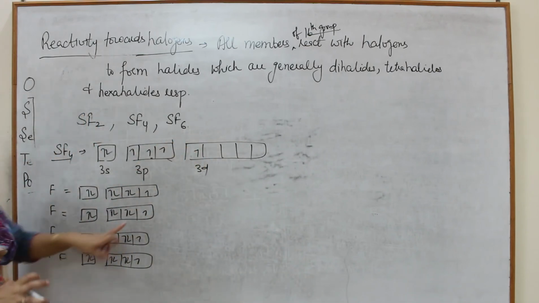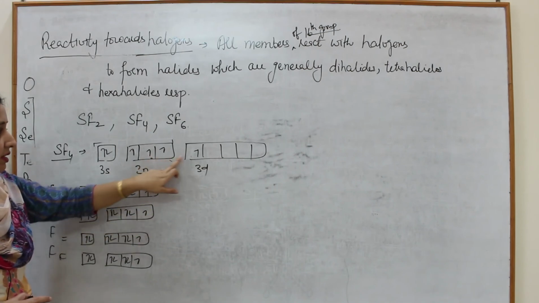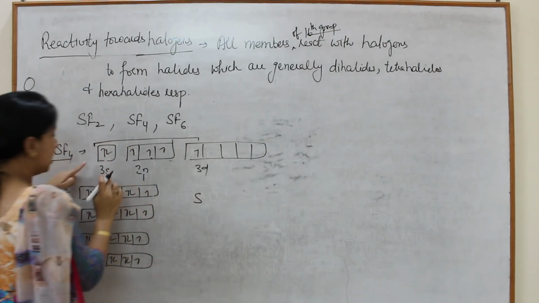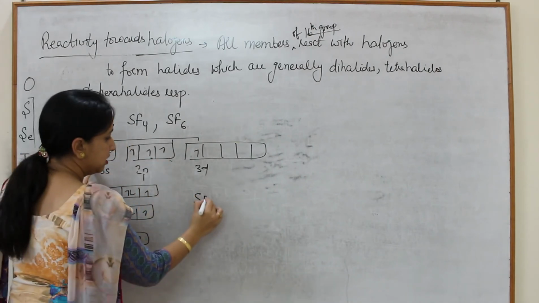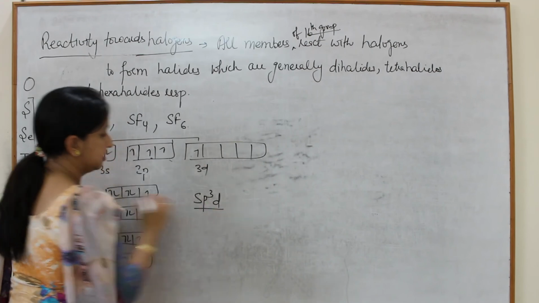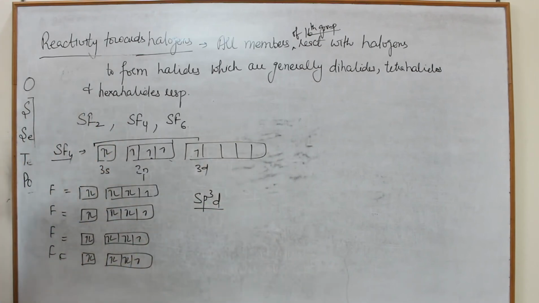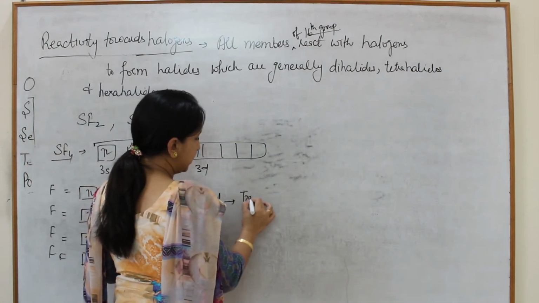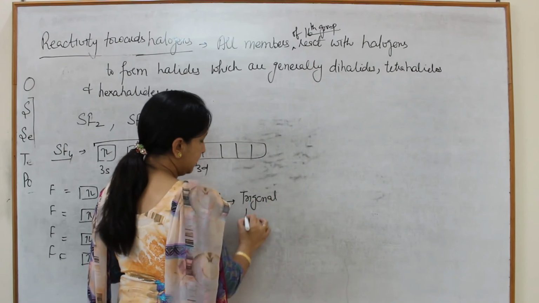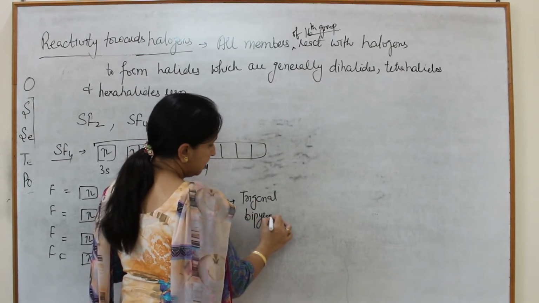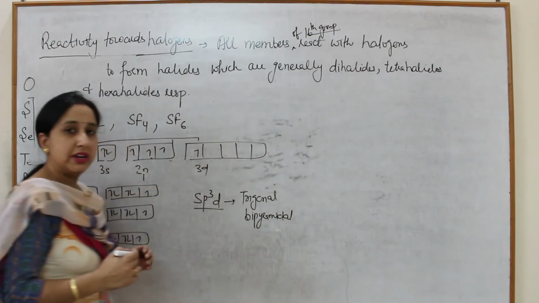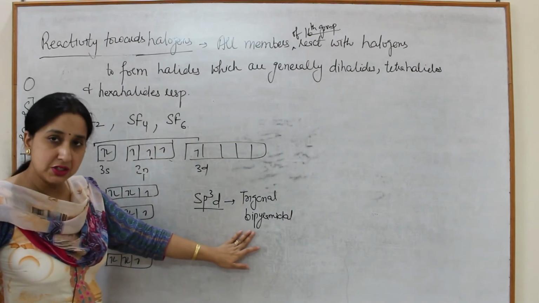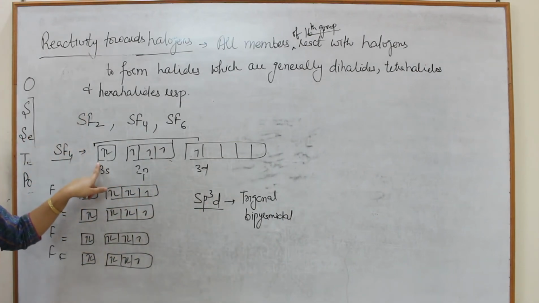So all the bonds are sigma, first sigma, second, third, fourth. So now hybridization will be sp3d, and for sp3d geometry is trigonal bipyramidal.